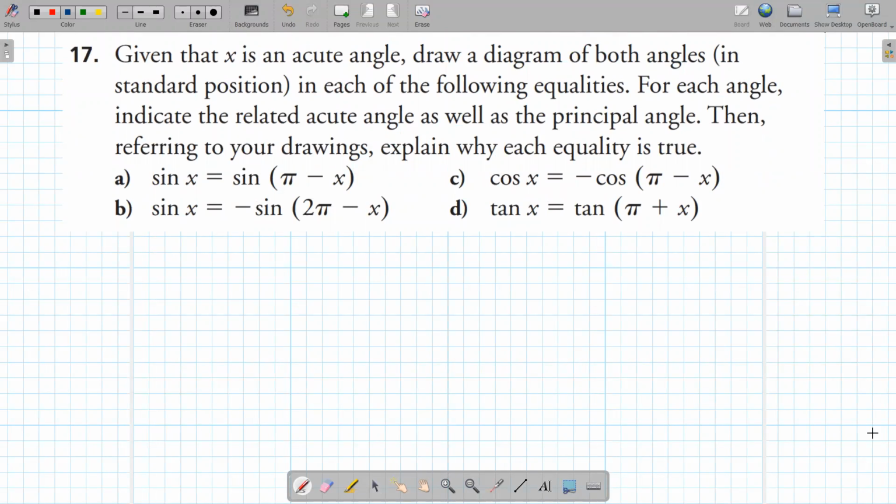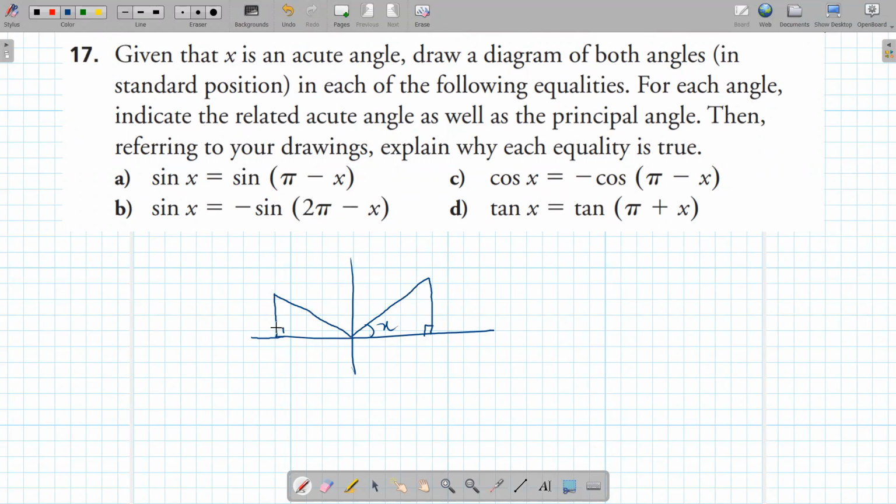Draw a triangle of both angles. All right, so is x acute? Yes, it is. So let's draw A first. So we have this, right? This is x. Now, pi minus x, what does that mean? Pi is the whole 180 degrees, and you subtract that one angle that we have.